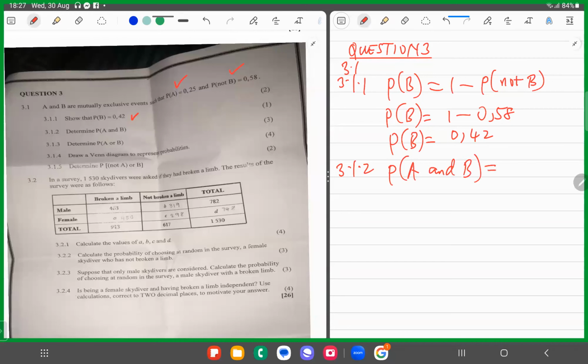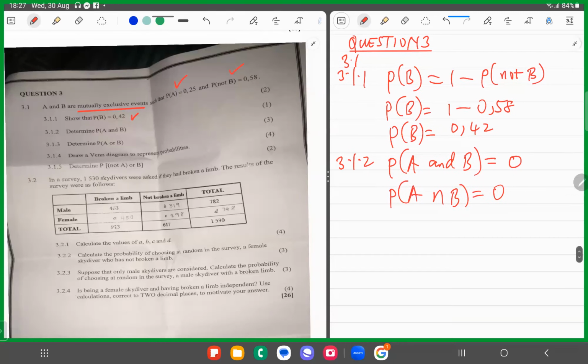Well, the probability of A and B in this case is going to be equal to 0. Why? Because A and B are mutually exclusive events. So if two events are mutually exclusive, then the probability of A and B is equal to 0. Alternatively, we write the probability of A intersection B is identically 0 for mutually exclusive events.